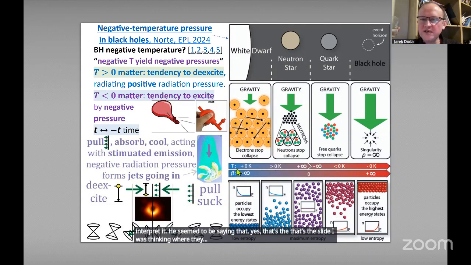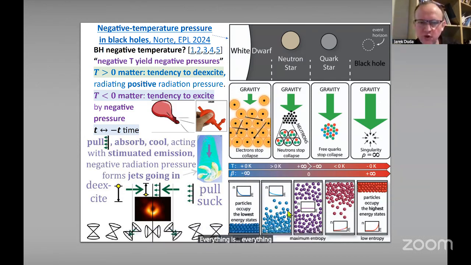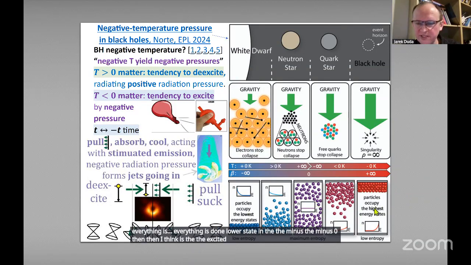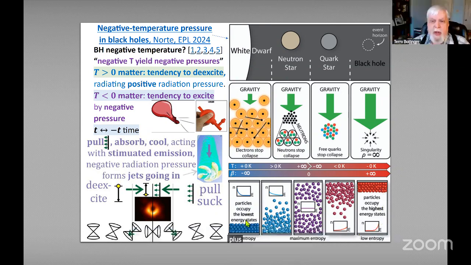Generally, we think about positive and negative pressure. In fact, they meet at infinite temperature. First everything is in the lowest state, at minus zero. Then everything is in the excited state, at plus zero. Yes, that was the specific figure I was thinking of from his paper.